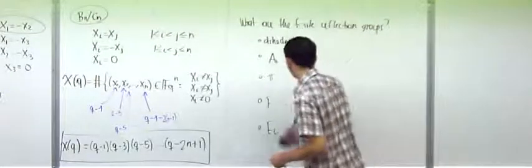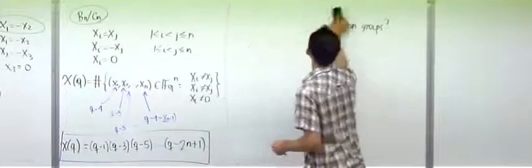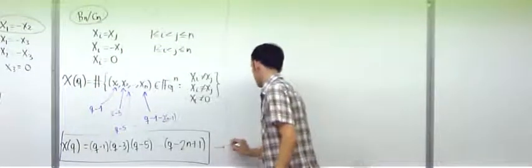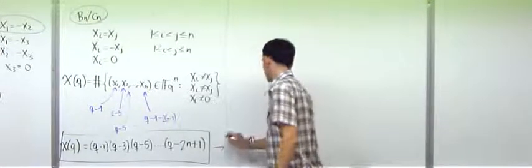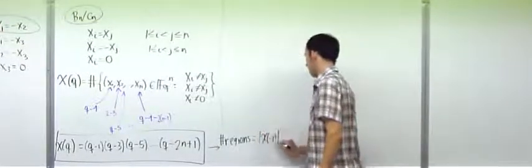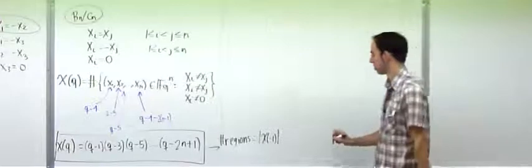What about the number of regions then? The number of regions is what we get when we plug in minus 1 and we take the absolute value.